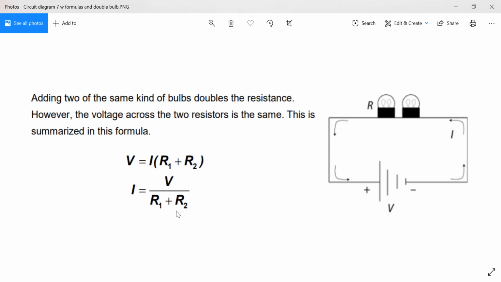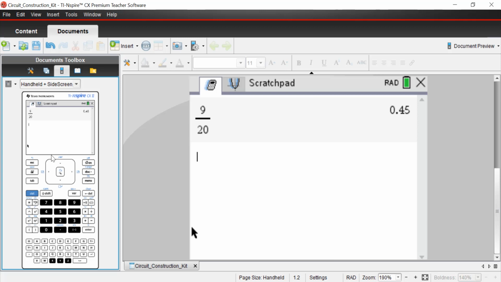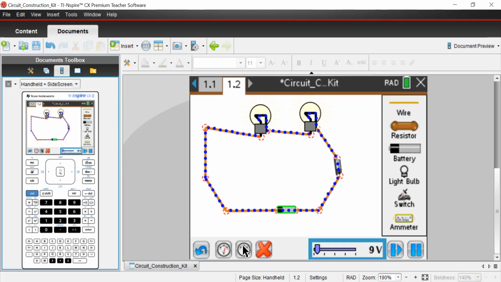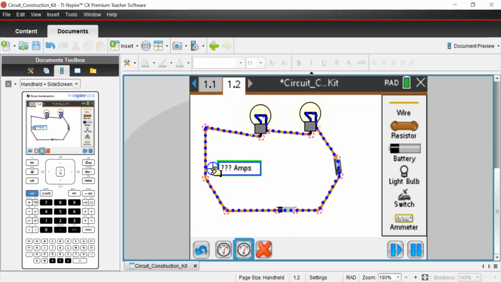When I doubled the denominator, I cut the other side of the equation in half. And we can verify that with our simulation. Just pull up our ammeter here, and 0.45 amps is what we see. All right, so hopefully that one made sense.